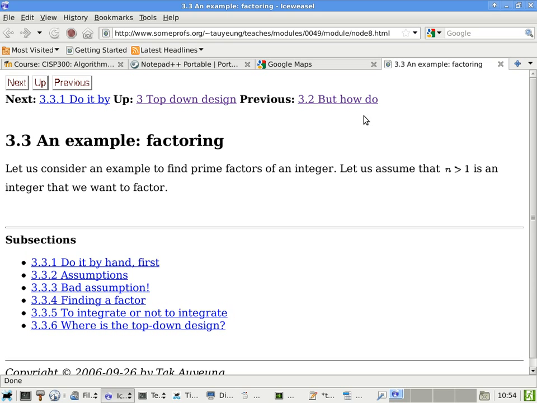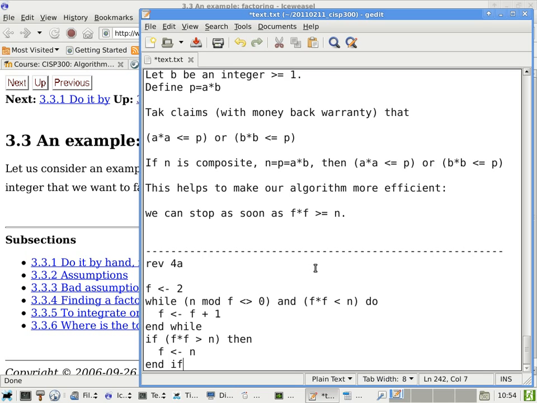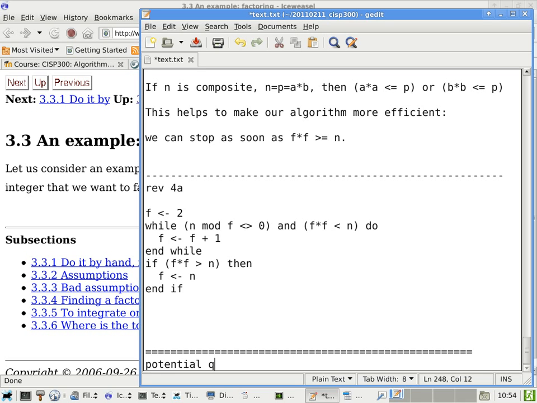I'll use the editor anyway. So this is a potential question in exam 1.